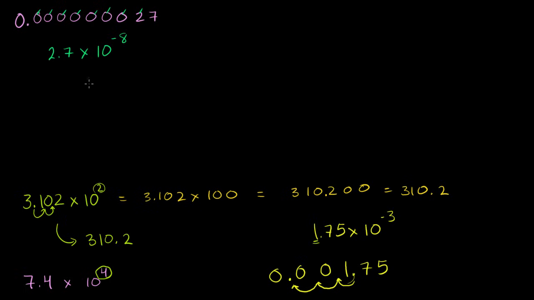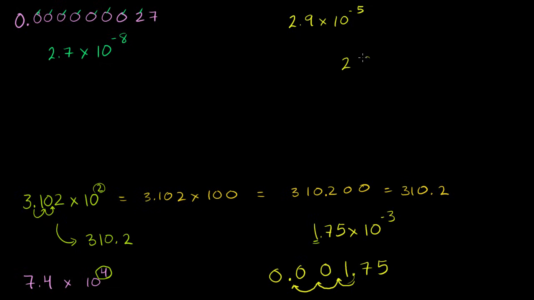Now let's do another one where we start with the scientific notation value and we want to go to the numeric value, just to mix things up. So let's say you have 2.9 times 10 to the negative 5th. So one way to think about it is this leading numeral plus all the zeros to the left of the decimal spot is going to be 5 digits.